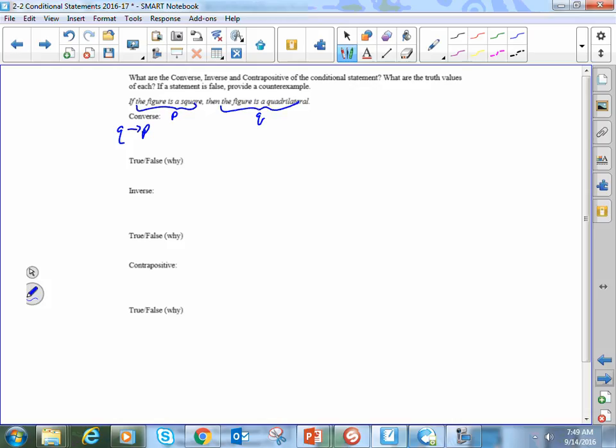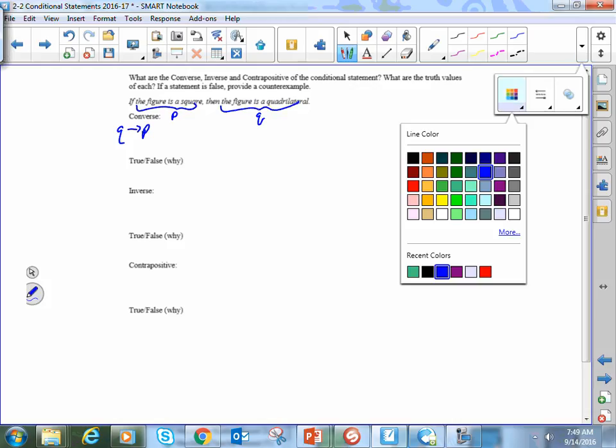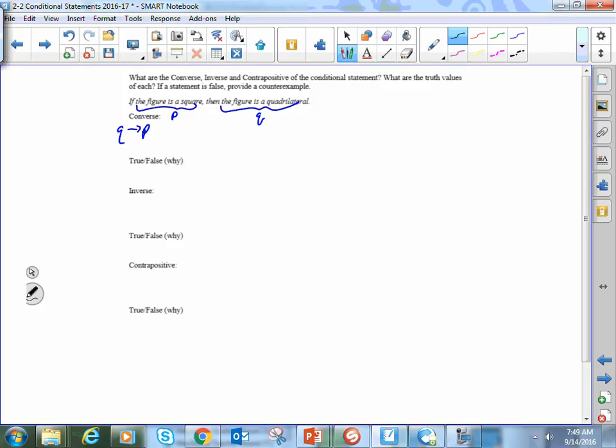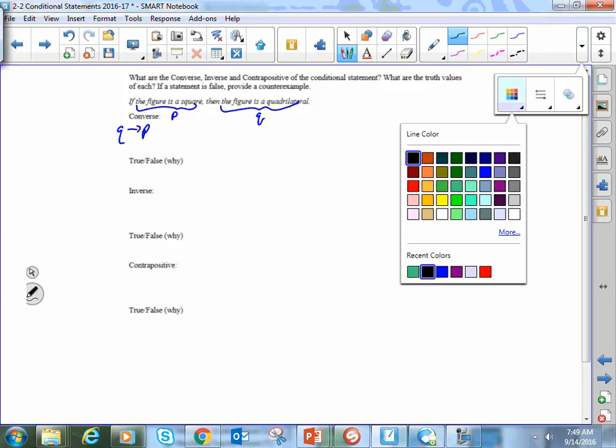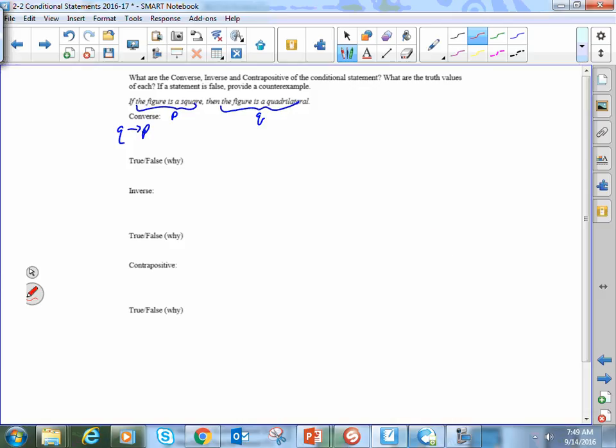Let me change colors here so the blue doesn't all blend together. Everything's too black and white. I don't know what colors show up good for you guys. Let's just go red. I think red will work. Okay, so the converse statement is going to take the hypothesis and conclusion and reverse them. I'm still going to begin with the word if, but instead of writing what was originally in the hypothesis, now I'm going to write the conclusion.